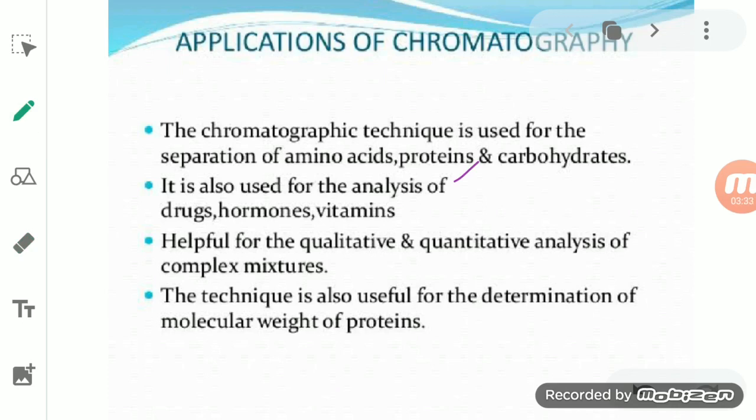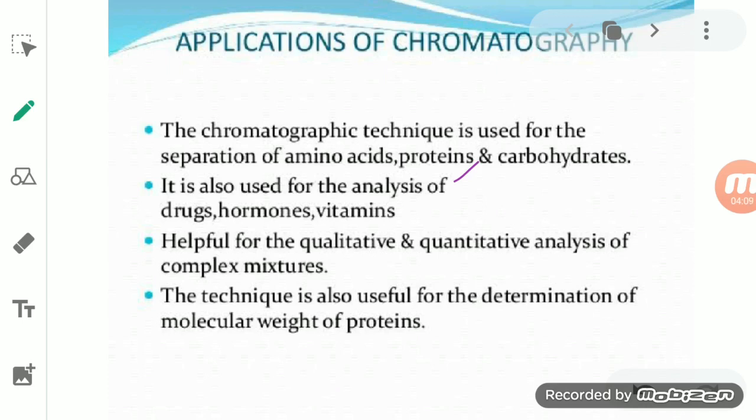So basically it is used to separate biomolecules, because amino acids, proteins, and carbohydrates are biomacromolecules. Not only this, it is also used for analysis of drugs, hormones, and vitamins.